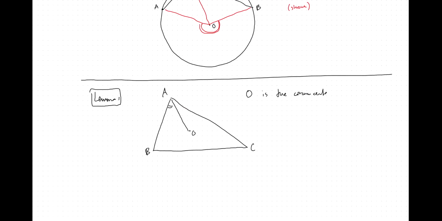So in any circle, the angle that a side makes with a radius is, what is it equal to? BAO equals 90 minus C. Why? Because if this is C, this is 2C, and this is 90 minus C, 90 minus C.